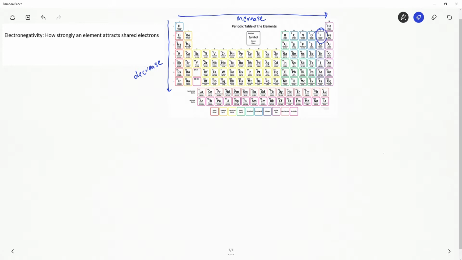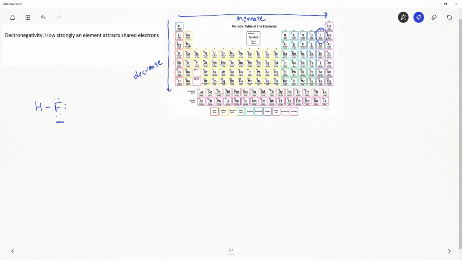Now, differences in electronegativity mean that in a covalent bond where atoms are sharing electrons, they do not share equally. So for example, here is the Lewis structure for hydrofluoric acid. The fluorine atom is more electronegative than the hydrogen atom. That means the electrons will spend more time around the fluorine atom.